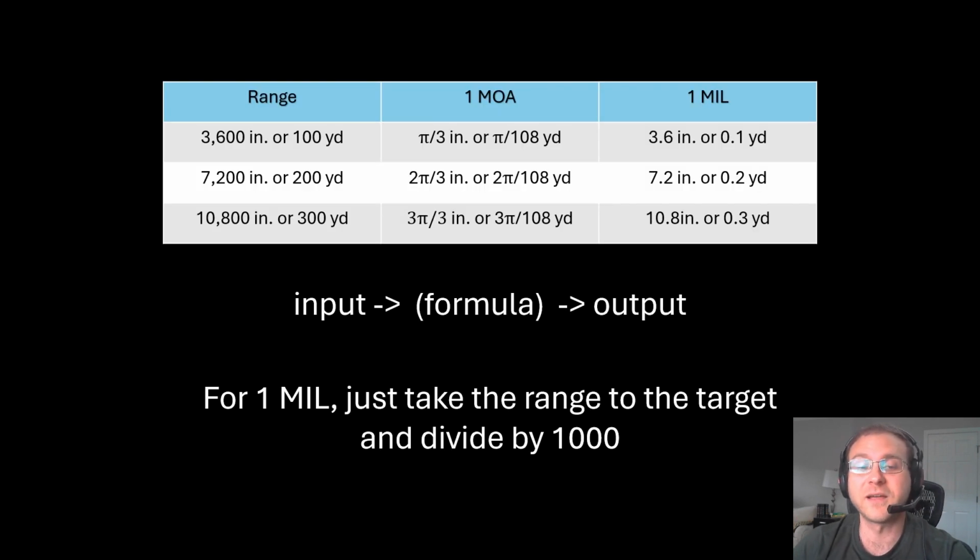This is the reason why people choose mils, because the actual calculation for mils is very quick and easy to do, and it can be done using any unit of measure, and it gives you an exact answer. Unlike minutes of angle, which can only be quickly and easily used when you measure the distance to the target in yards and you want your adjustment in inches, and even that answer is not exact, it's just an approximation.